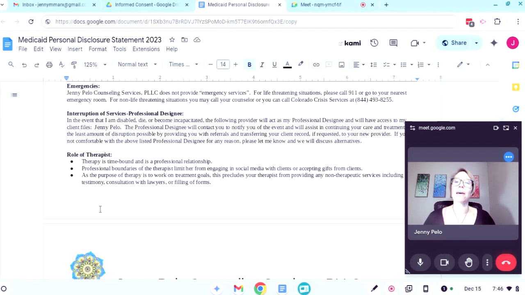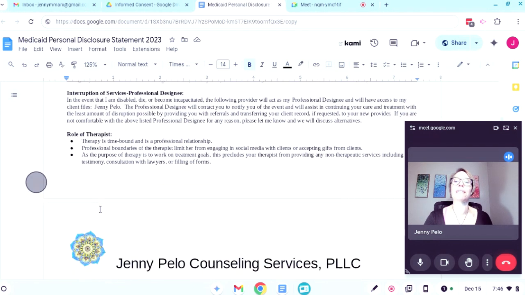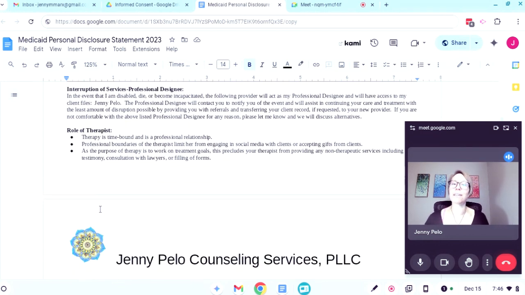And then for me, I have a professional will, and I have somebody who I have designated and has agreed to be the person who will reach out to my clients and let them know what's going on and help them find help if I am incapacitated or if I die and I'm not able to help them at that point myself.